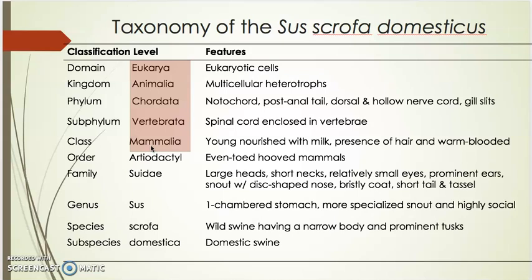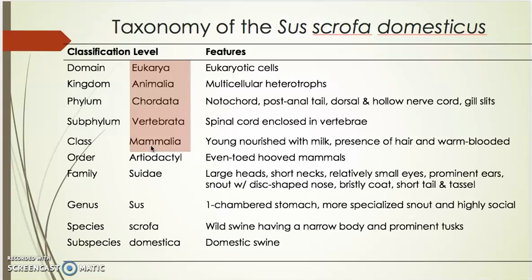Genus is Sus, which is Latin for swine, and it refers to the snout, really, that is more specialized in this genus. This genus also has a one-chambered stomach, much like a human stomach, and highly social behaviors, which lends itself to the next species.